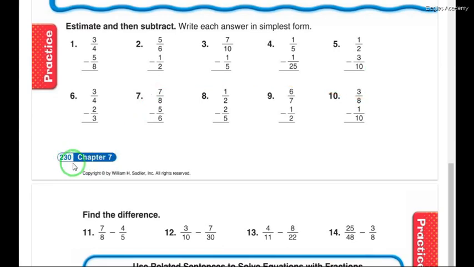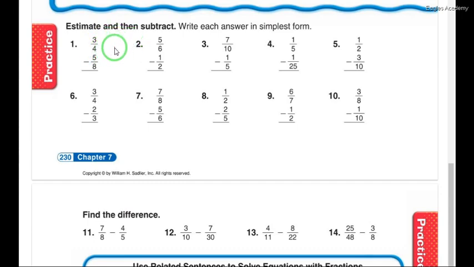Question number 1, estimate then subtract, write each answer in simplest form. We have 3 out of 4 minus 5 out of 8. How to make the 4 into 8? We simply multiply the numerator and the denominator by 2. 3 times 2 is 6, and 4 times 2 is 8.